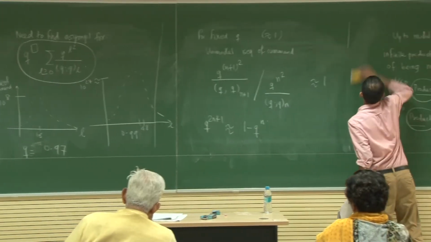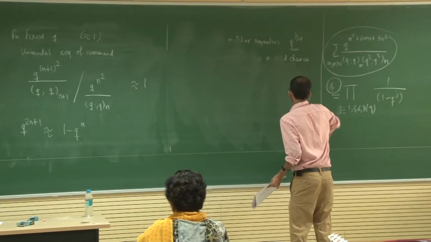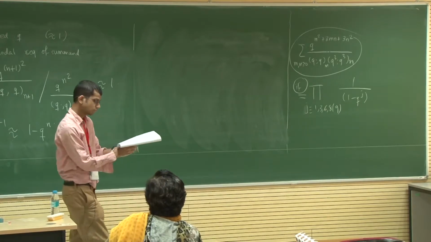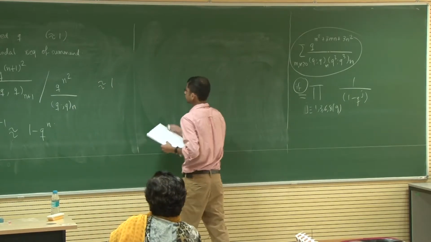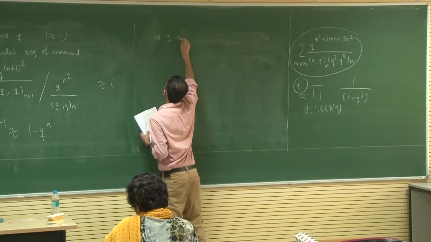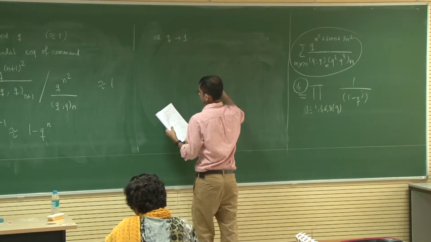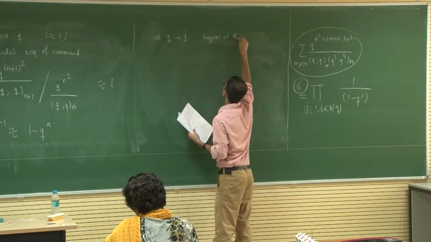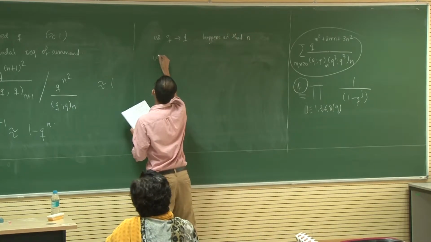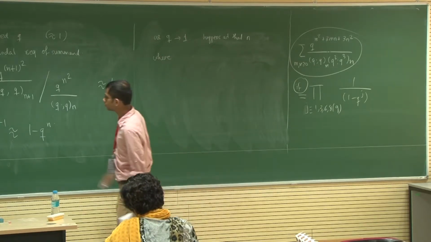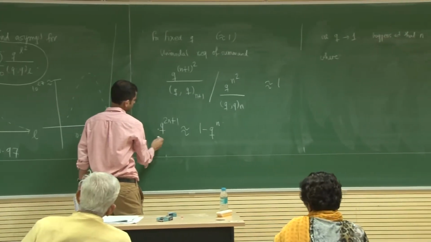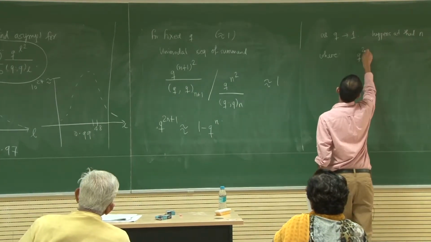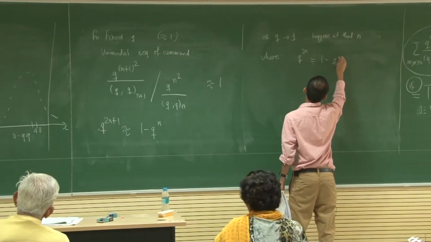Okay. So where the biggest summand occurs is dependent on the value of q, and so as q goes to 1, it happens at that n where q is going to 1. So it is really q to the 2n is approximately equal to 1 minus q to the n.